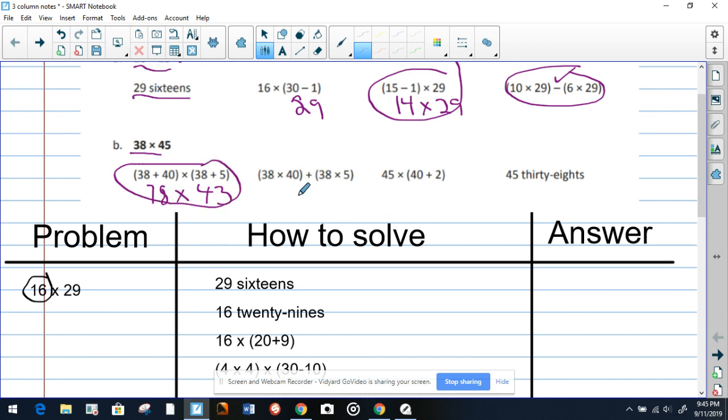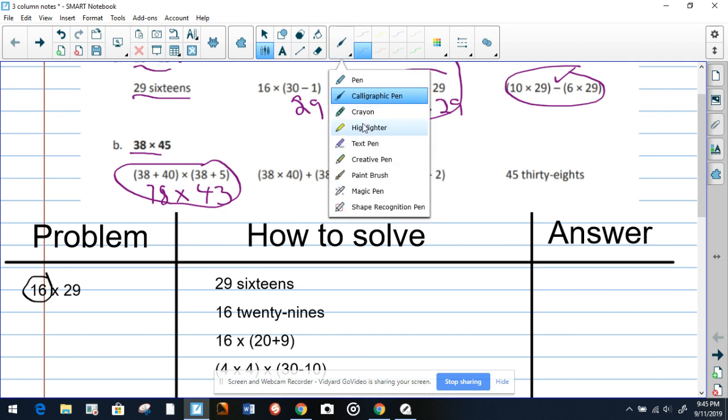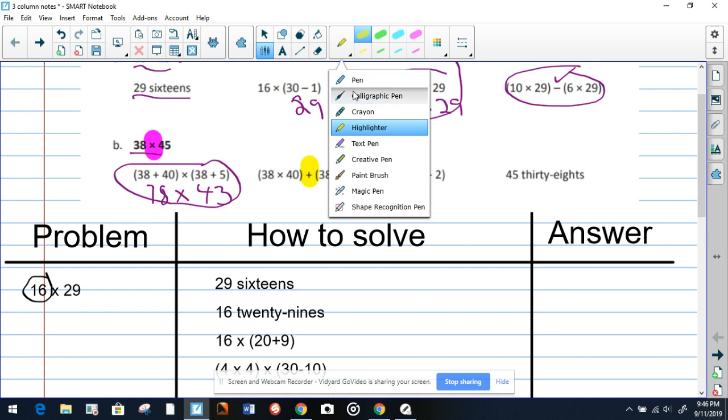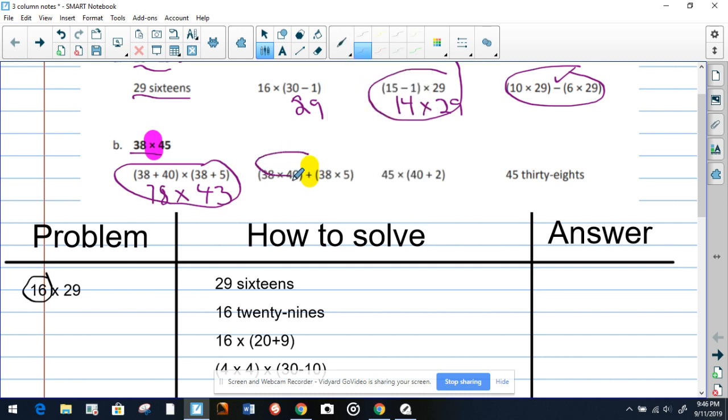This one right here, right away we can see it has a symbol that says multiply, and this one has a plus sign in it. So that right away tells us that this is not the answer. So we're going to circle this one because it's not equivalent. So let me do that. Oops, there you go.